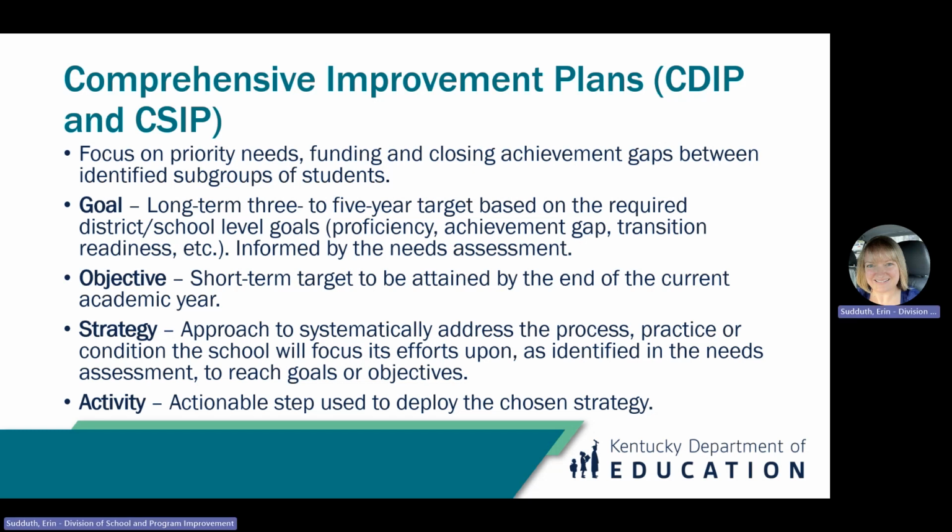Within each objective, you'll have a strategy or strategies, which are approaches to systematically address the process, practice, or condition the school will focus its efforts upon, as identified in the needs assessment, in order to reach goals or objectives. Strategies are based on an established improvement approach, such as Kentucky's 6 key core work processes. Strategies should be specific and clearly aligned to the established improvement approach.